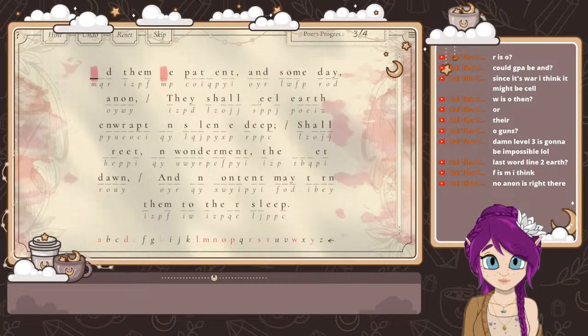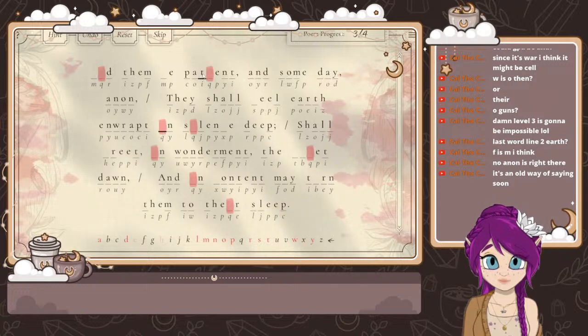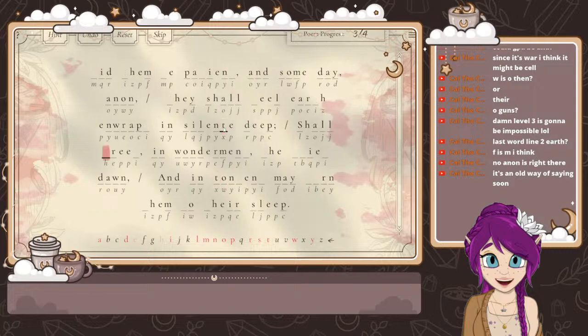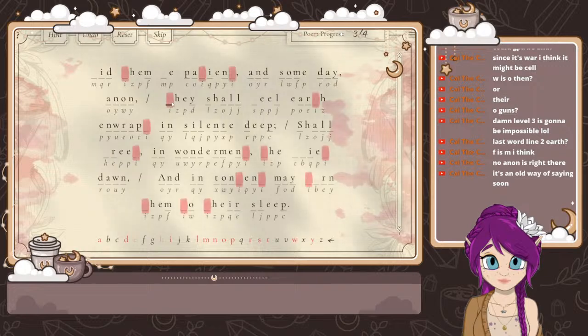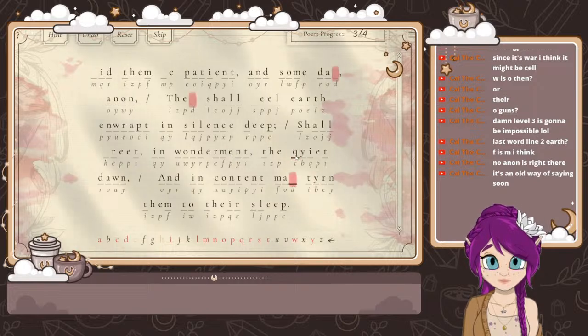They shall and patient in silent and someday nope. Silence, not silence. Silence deep shall in wonderment the quiet. Nope.